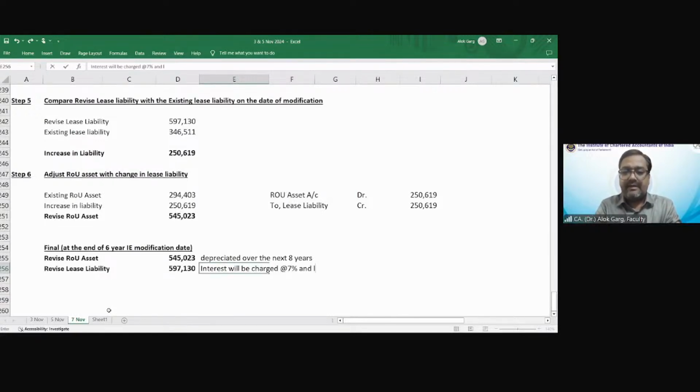And the liability will be reduced by way of lease payments. Should I show you that liability schedule also from the 7th year to the 14th year? Yes, sir, please show.